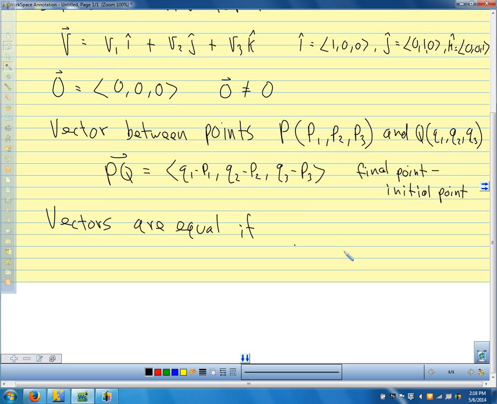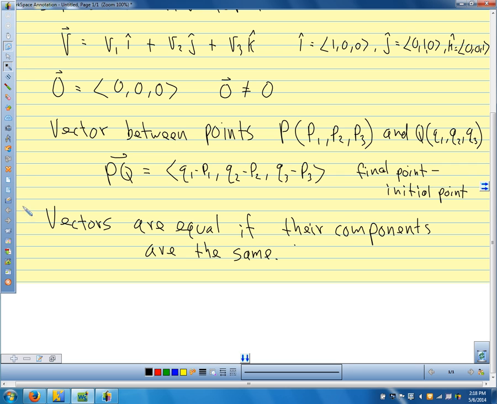The components are exactly the same. 2 vectors are equal if their components are the same. So if we have our vector written out in component form, we just look at the x component, the y component, and the z component. If they're all the same, then the vectors are equal. That's how we tell the vectors are equal. So saying the points match, that's pretty much it.